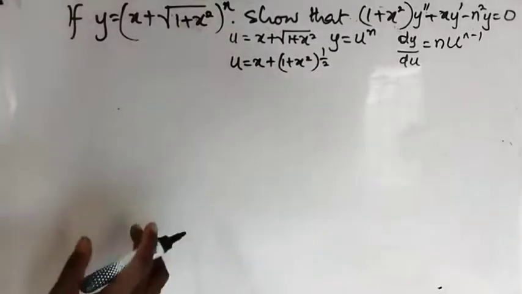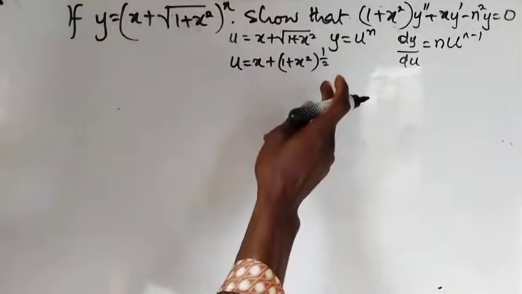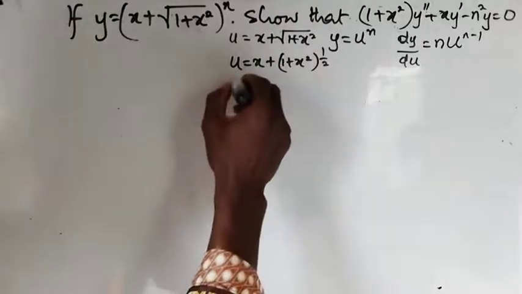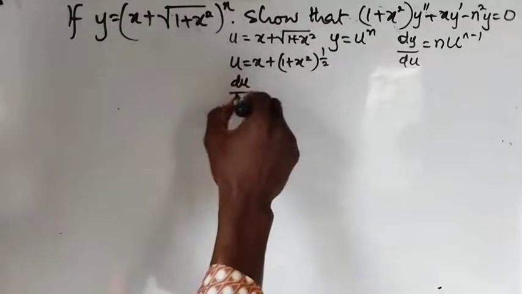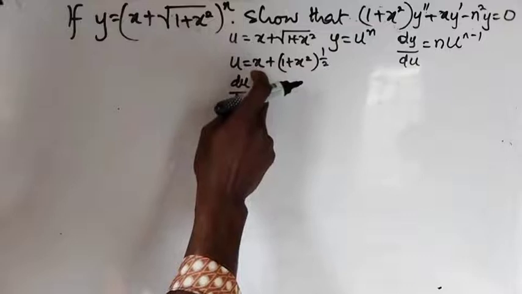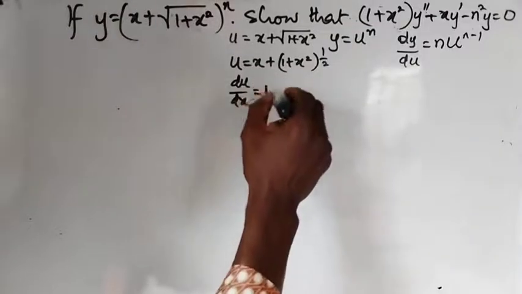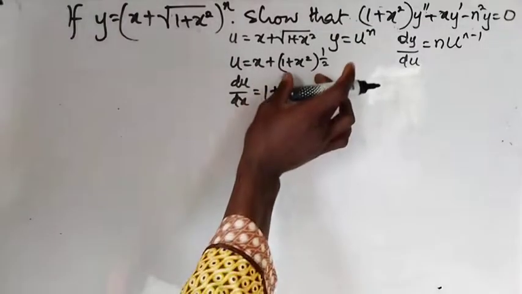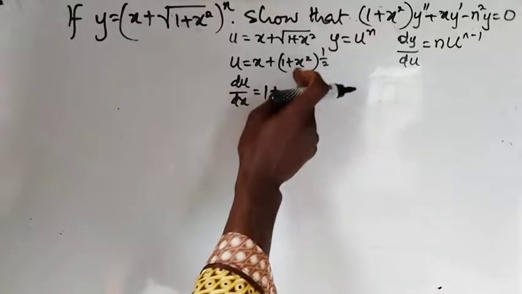Let us now differentiate with respect to x. So here you have du/dx. Differentiating x, we know it is 1. Now plus, in differentiating this, let's differentiate what's in the bracket first.